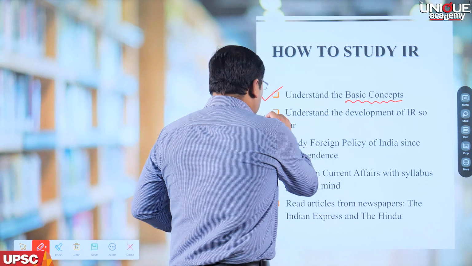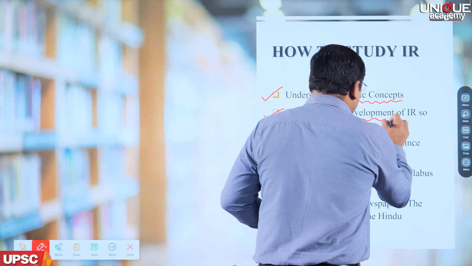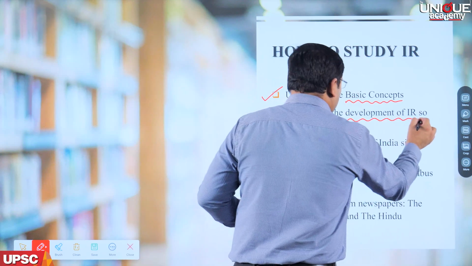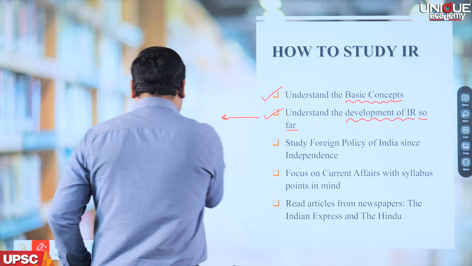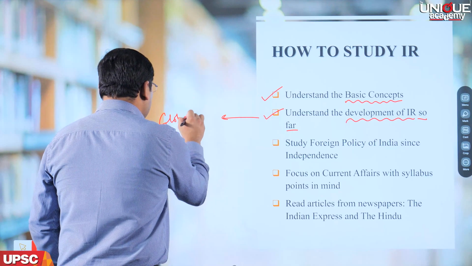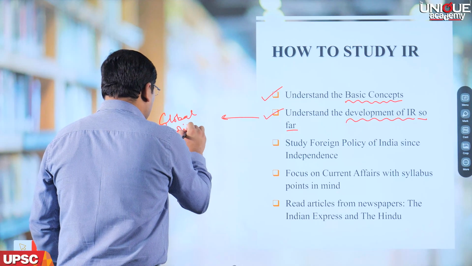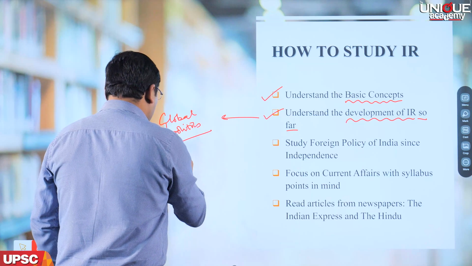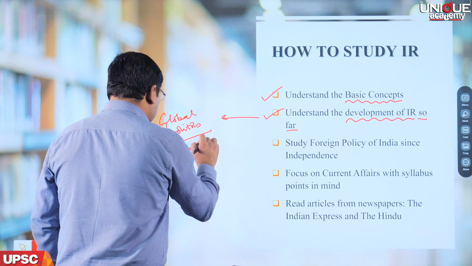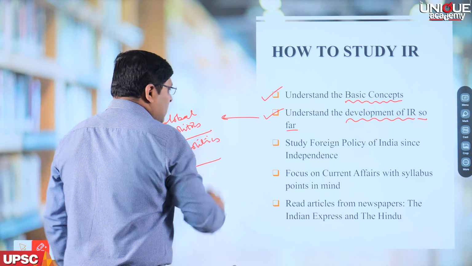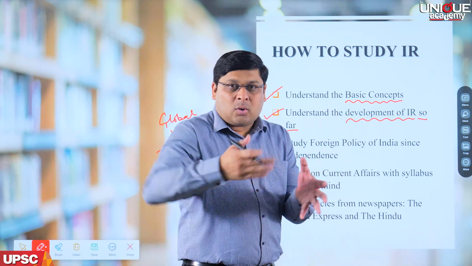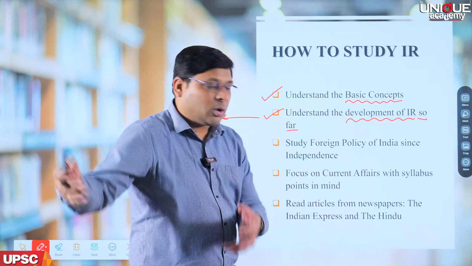Then understand development of IR so far, because there were a number of questions which come in the context of global politics or geopolitics, right? So that means you need to understand how IR has developed, how global politics has evolved.